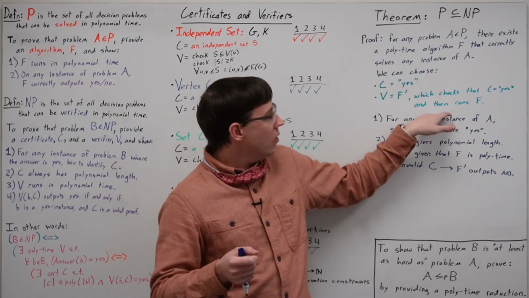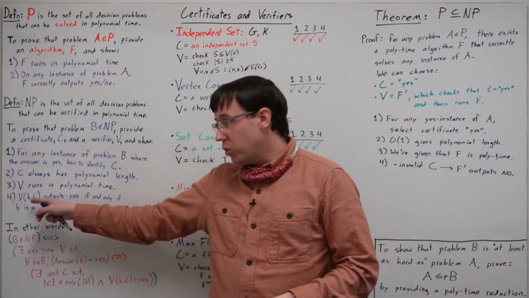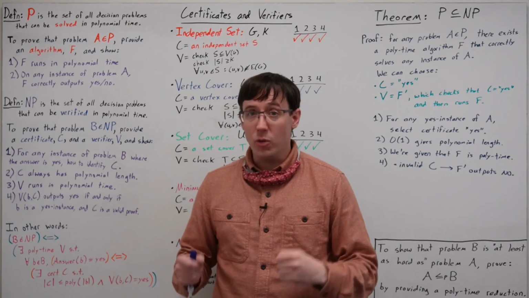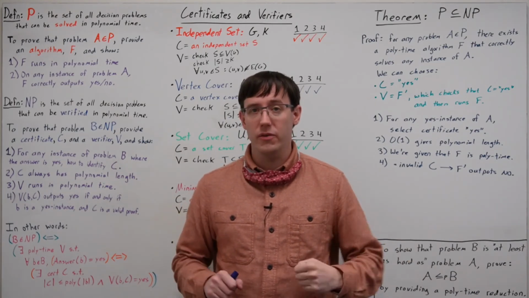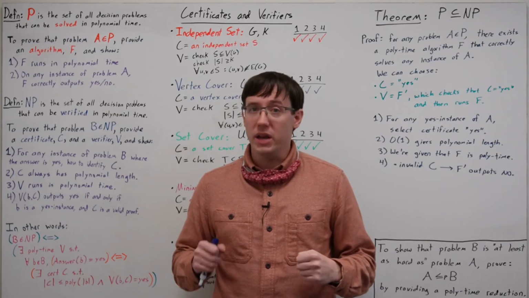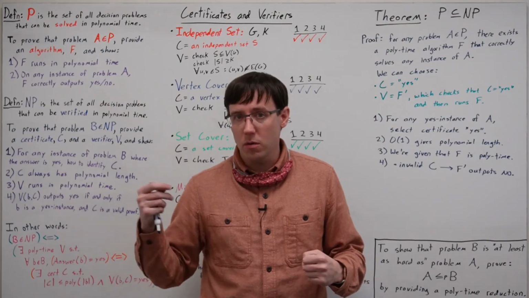Well, then we run the algorithm f on the input that we were given, and so if that input was a yes instance of the problem, our verifier says yes, but if it was a no instance of the problem, our verifier says no.